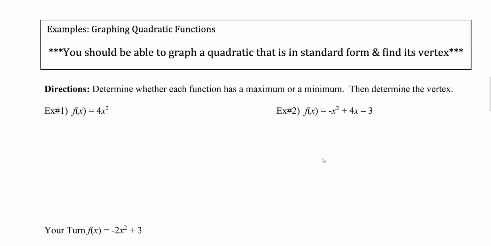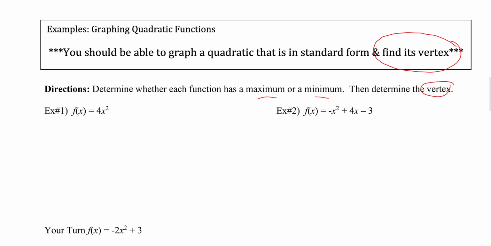So remember, our goal is to be able to graph a quadratic and be able to find the vertex. In this next set of problems, we're going to do exactly that. We're going to find the vertex. So the directions say determine whether each function has a maximum or a minimum. That was in the last video. And then we're going to use the negative b over 2a formula to find the vertex.